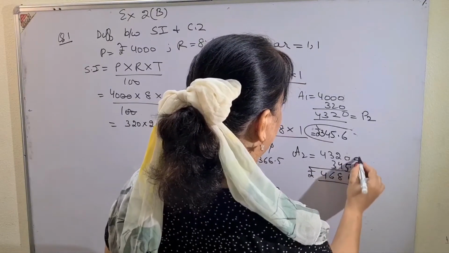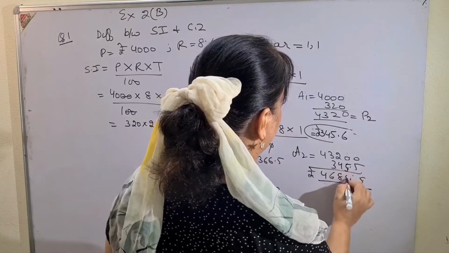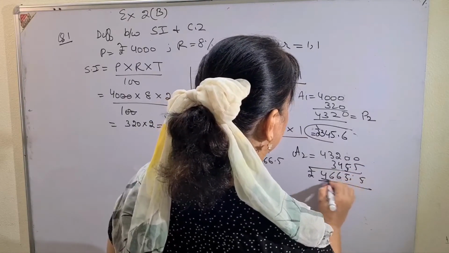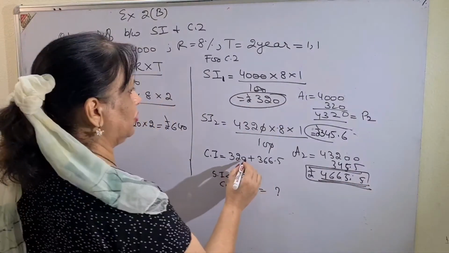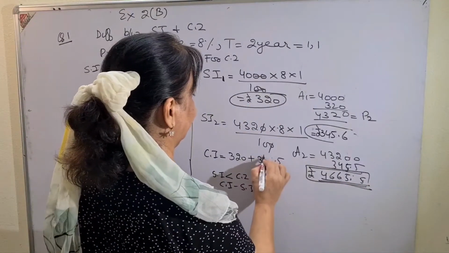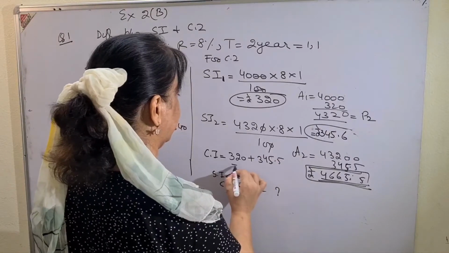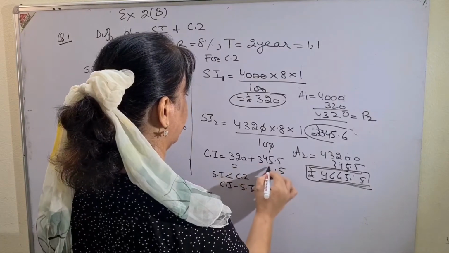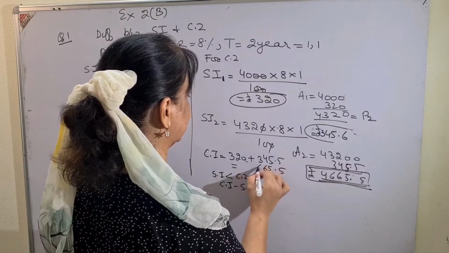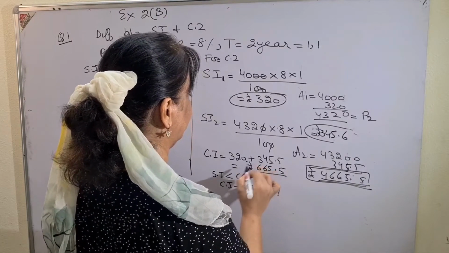So be careful about this, children. Your calculation should be very careful. 466.5 is your final amount, and that means 320 plus 345.6, and that is your compound interest. This will be 665.6 rupees.